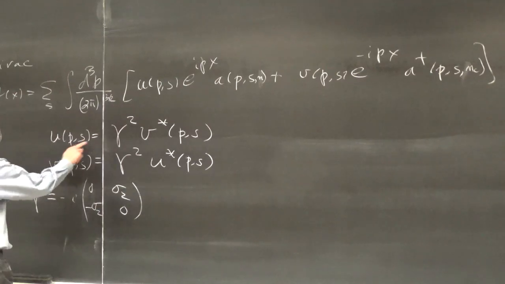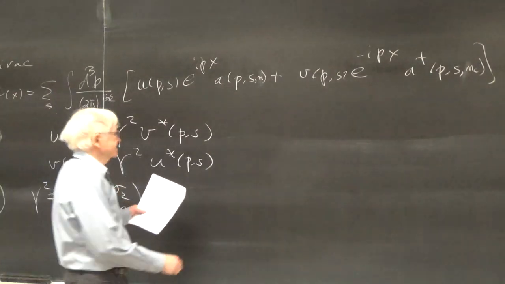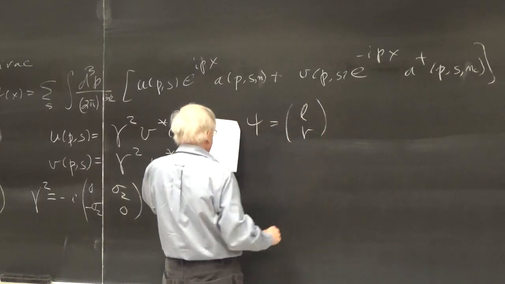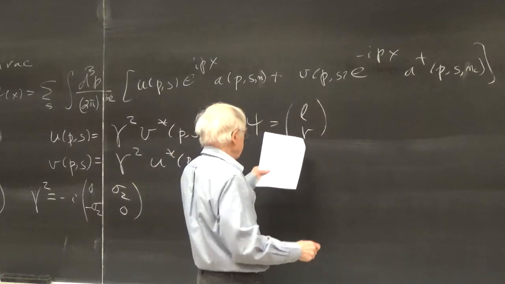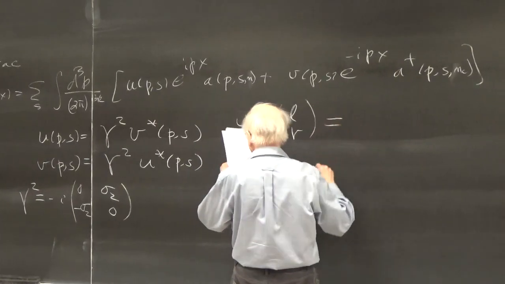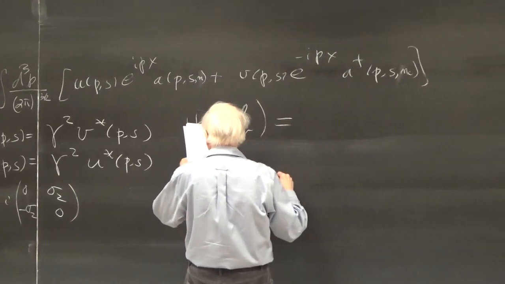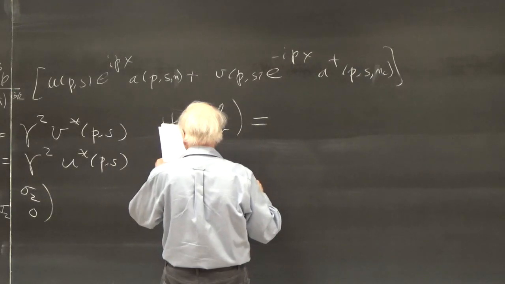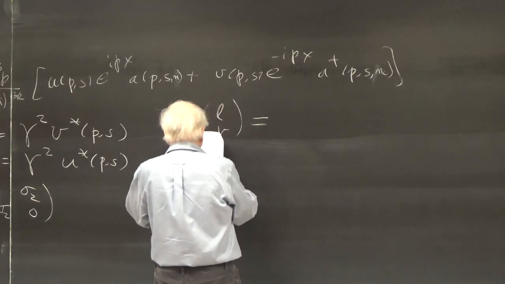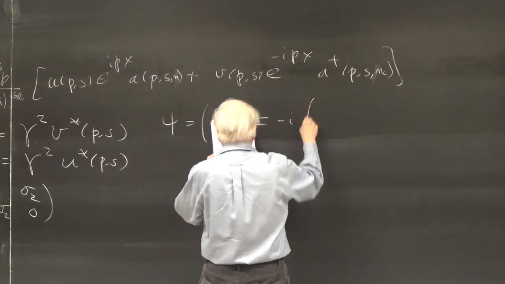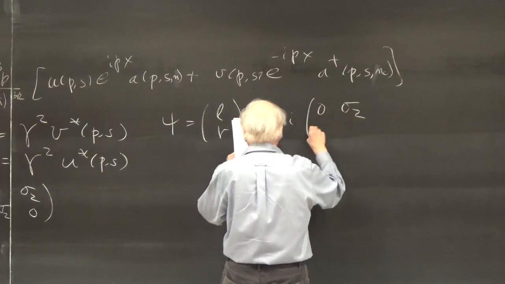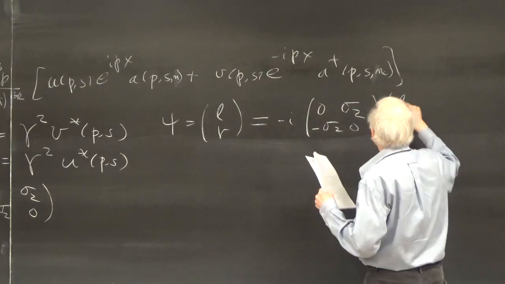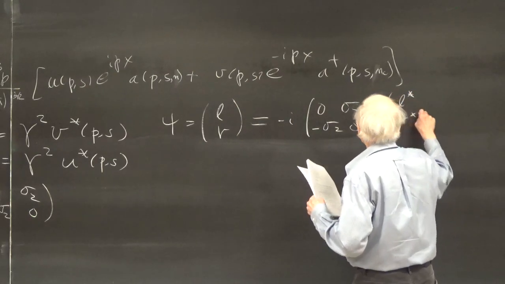Now, these conditions tell us that psi, which is equal to L R, if we split it up into its left and right-handed components, is equal to minus i, 0 sigma 2, minus sigma 2 0, on L star R star.